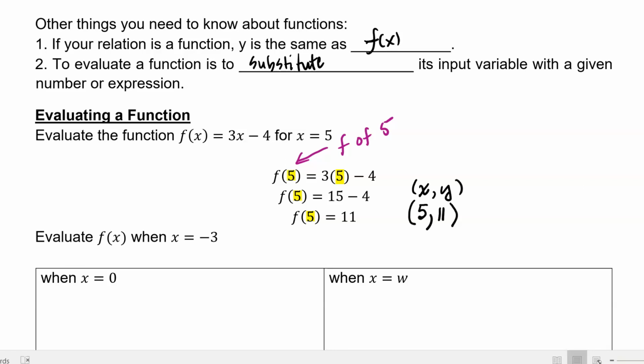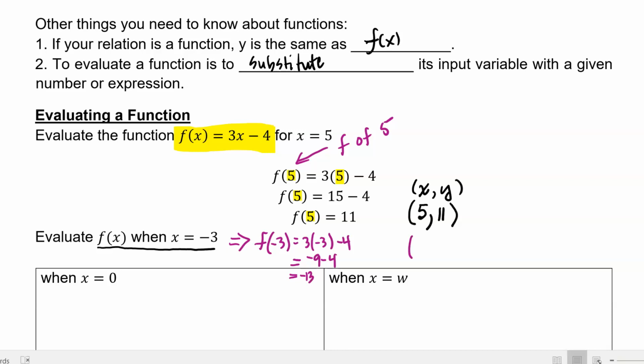Let's try that same function f of x when x equals -3. So what I want you to do is use this same function and evaluate it at x equals -3. All you have to do is replace the x with a -3. So 3 times -3 minus 4, that's -9 minus 4, which equals -13. So how could you write that point?